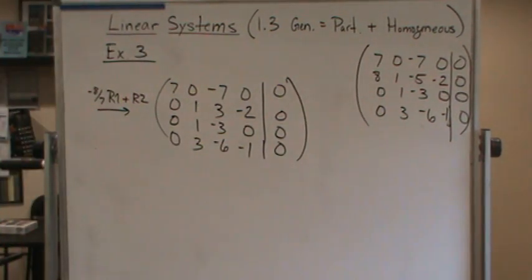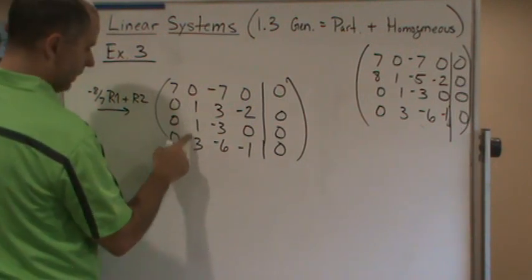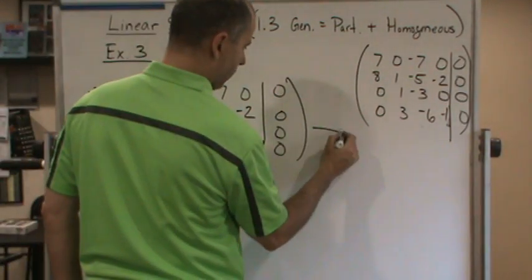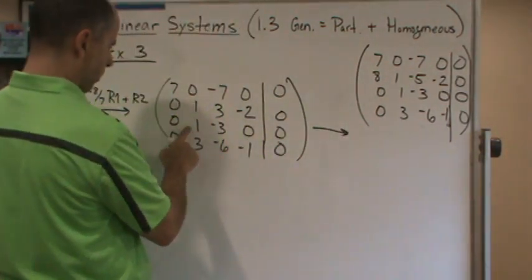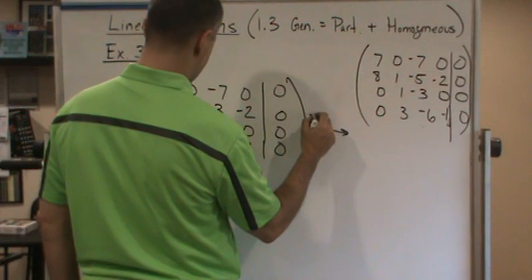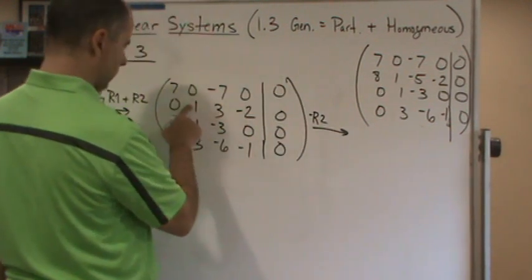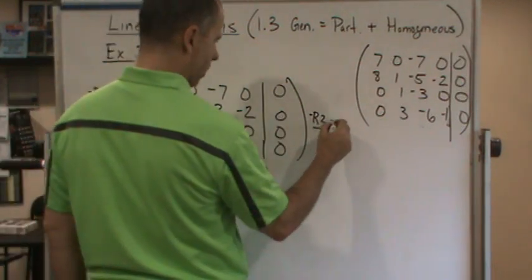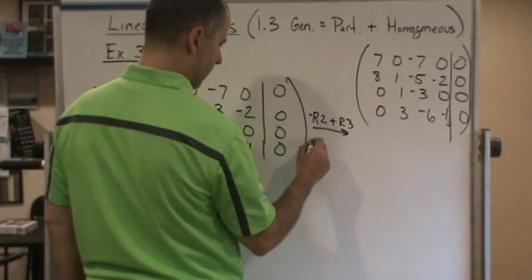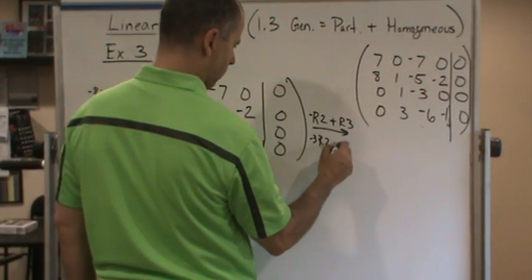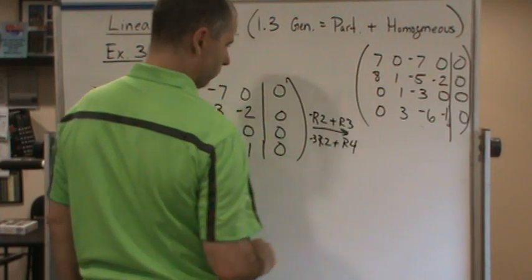And now let's get rid of these 2. That means we're going to have to do negative 1 times row 2 plus row 3. And then negative 3 times row 2 plus row 4, right?